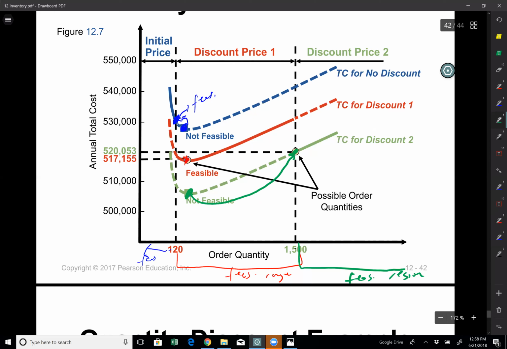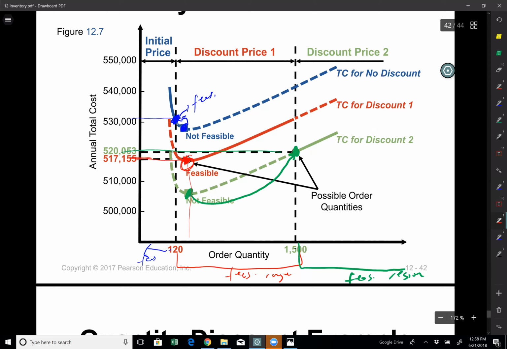Now I can compare this green dot right here with this red dot right here, and this blue dot right there. As you see, blue is the highest cost, the red one gives me the lowest cost, and green is giving me the middle cost. So the best solution here is obviously to go with the red line, which is to order something greater than 120.